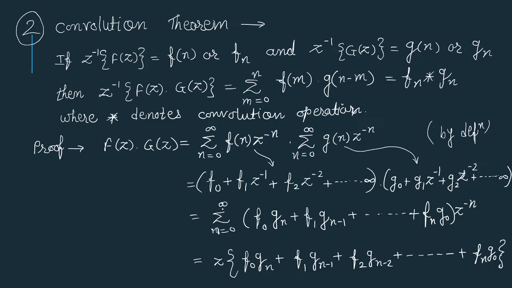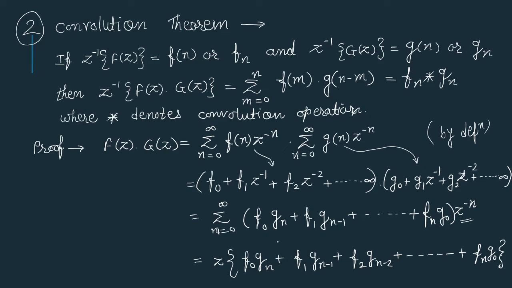Now, when we multiply these terms and combine the terms of z to the power minus n, we get this step: summation m equal to 0 to n, n equal to 0 to infinity, f naught is multiplied with g of n, then we get the z to the power minus n term.